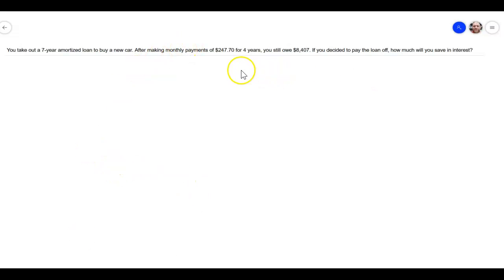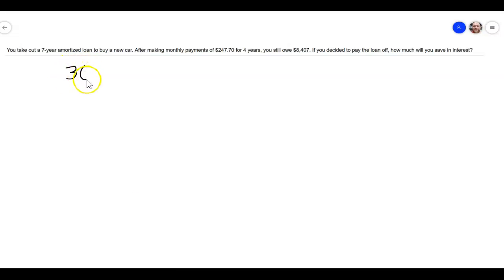It looks a little tricky at first, but it's really not too bad. So you take out a 7-year loan, and after 4 years you still owe this much. That means you still have 3 years to pay, and you're paying monthly, which is 12 times 3, which is 36 payments left.